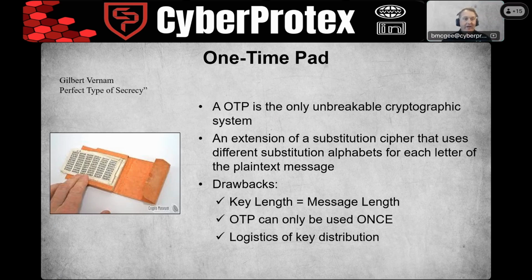I mean, how dare him be so confident in his algorithm? And think about the timing of this right here. 1917, 1918 time frame. There were so many great mathematicians around historically in that time. Homeboy came out and said, I've created what I think is the perfect type of secrecy.